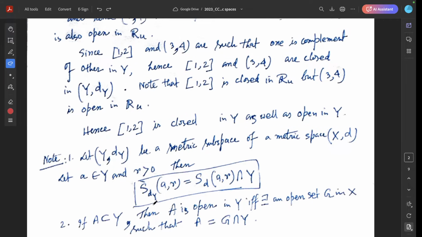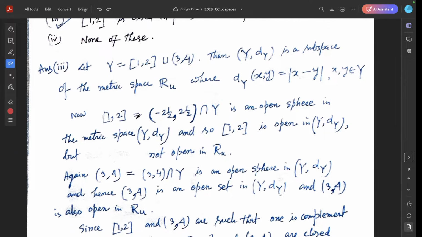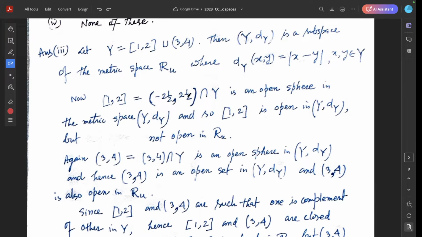Then the open sphere in Y with center at a and radius r equals the open ball S_d(a, r) intersection Y. The closed interval [1,2] is of this form, with center at the origin 0, so the intersection is an open sphere in the metric space (Y, d_Y). So [1,2] is open in (Y, d_Y), but not open in the usual metric space of real numbers R.